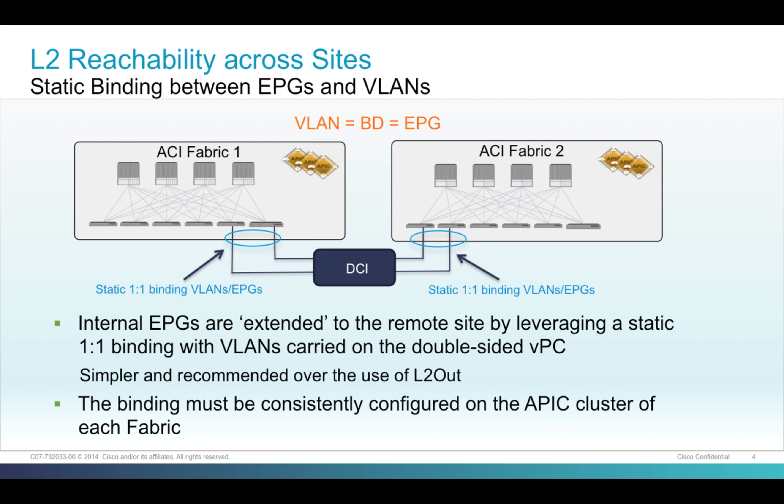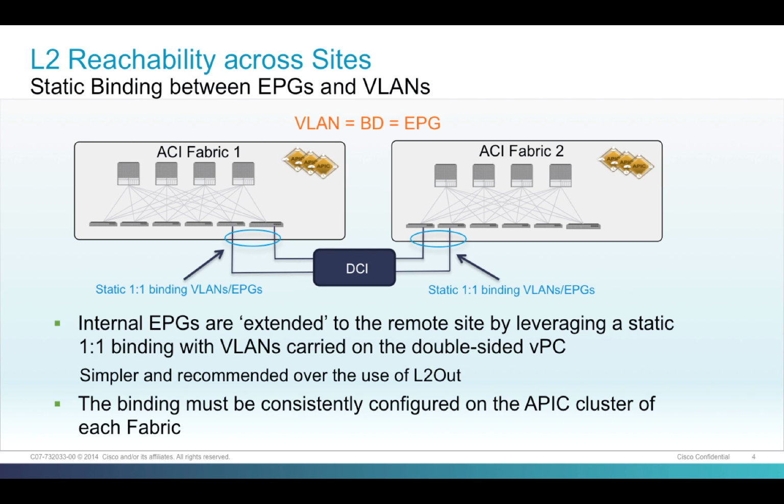So for that scenario, what we're going to be doing is performing a one-to-one mapping between EPGs, which are the endpoint groups in ACI networks that represent some kind of environment or some kind of connectivity. Those endpoint groups will be mapped to a VLAN, and using a VLAN, they will be transported to the other data center. So it's a sort of static one-to-one mapping between endpoint groups and VLANs that we are utilizing in this scenario.